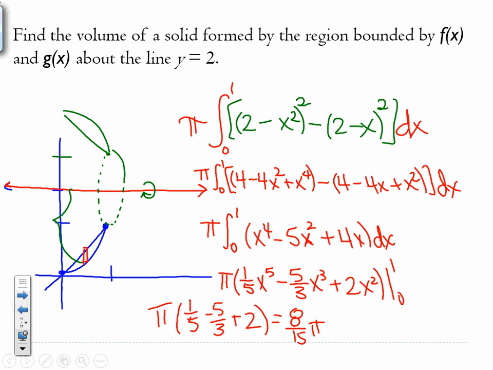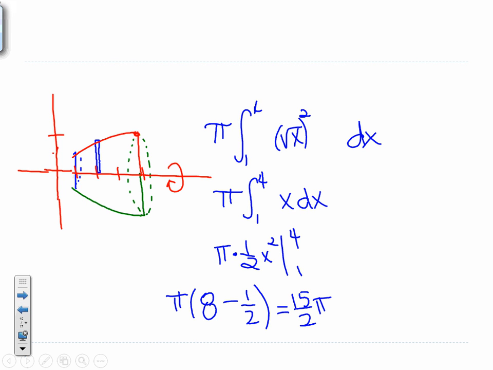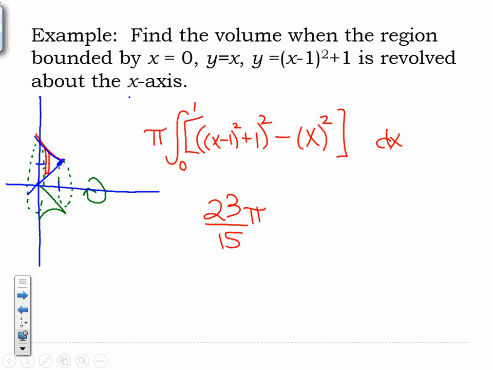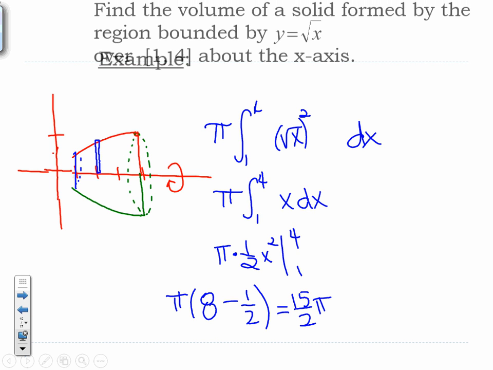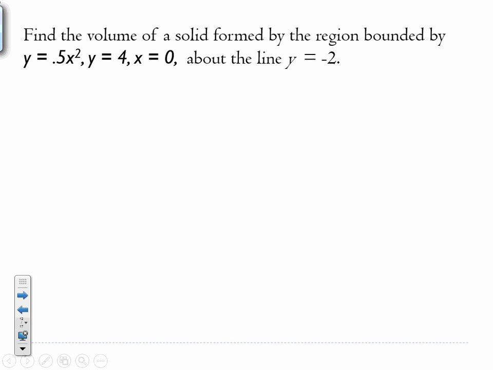Our first example, the algebra is really gross, isn't it? We have to square this binomial, and then we're going to have a trinomial that we're going to have to square. That's gross. Once we have multiple methods, it's going to be important to recognize when things are going to be nice to integrate, and when they are not. All right, we're going to do one more example.